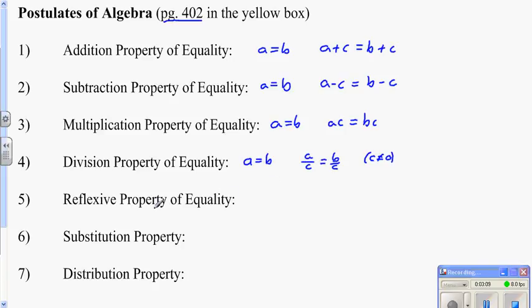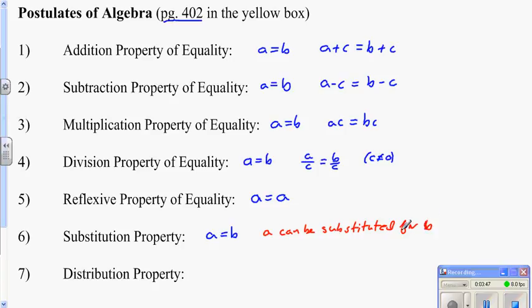It's undefined. So 5, reflexive property of equality. The reflexive property of equality just makes a simple statement that A is equal to itself. Substitution property says that if I have A equals B, that tells us that A can be substituted for B, and vice versa.